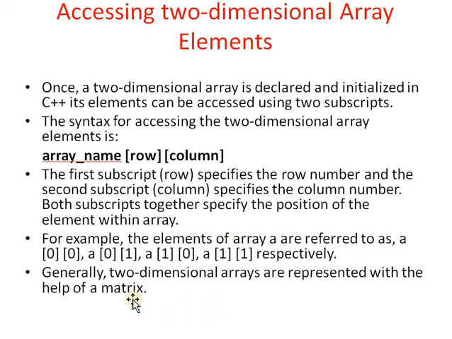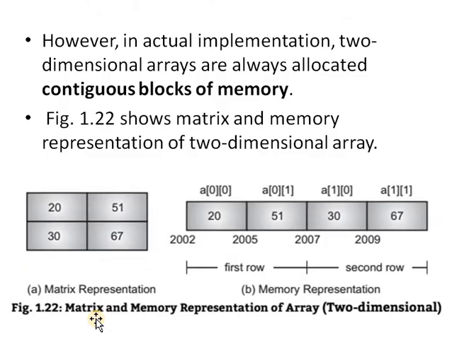And generally, two-dimensional arrays are represented with the help of a matrix. Here the memory representation of the two-dimensional array is shown. Consider the two-dimensional array. These are the array elements. This is the index of the two-dimensional array, and these are the memory locations for storing the data elements of the array.